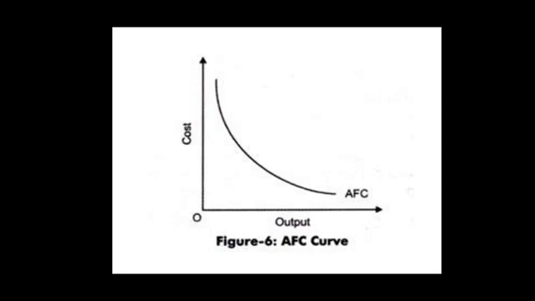The downward slope of the average fixed cost curve shows that average fixed cost decreases as output increases. It is important to note that the average fixed cost curve is a rectangular hyperbola. Students, a rectangular hyperbola is a curve under which all rectangular areas are equal.